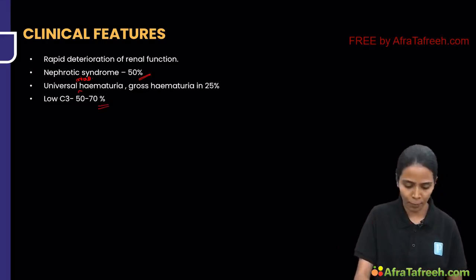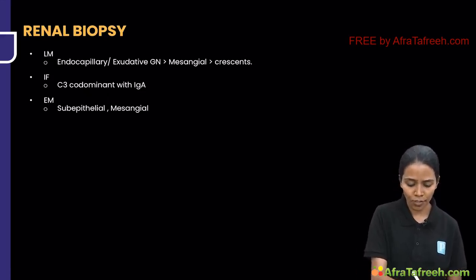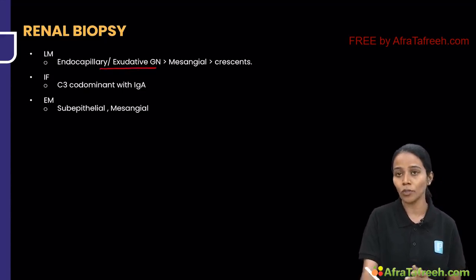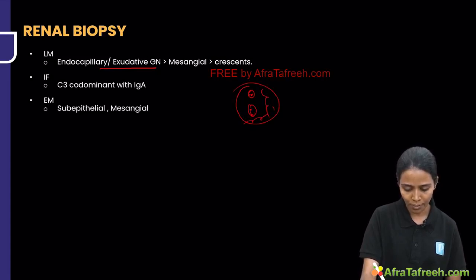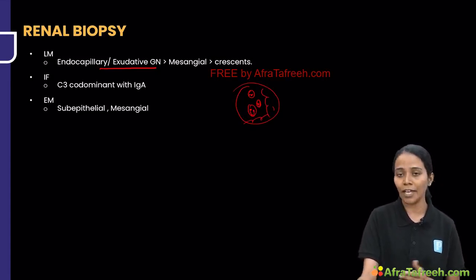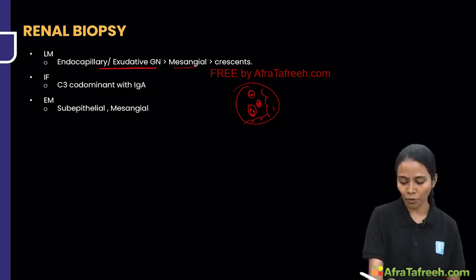That is a significant amount. When you see light microscopy, again you see endocapillary or exudative glomerulonephritis. That is, in the capillaries there is going to be endocapillary hyperproliferation and deposits of neutrophils, right? So this is nothing but endocapillary or exudative GN, more than mesangial proliferation.